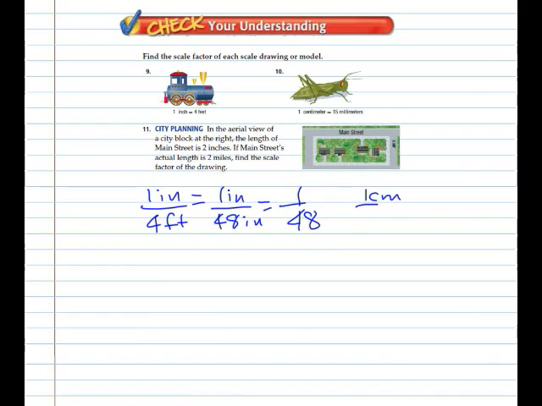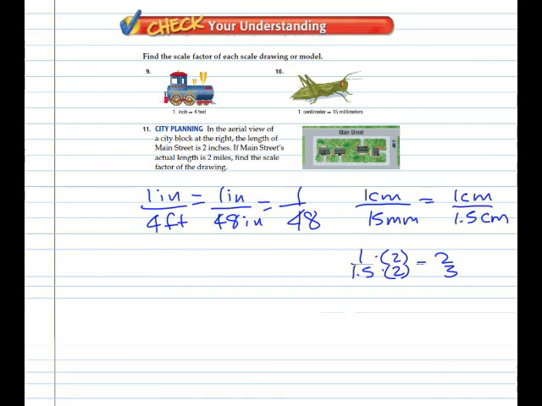We have 1 centimeter to 15 millimeters, which means 1 centimeter to 1.5 centimeters, because that's what 15 millimeters is equal to, which gives us 1 over 1.5. Now remember, we can't leave a fraction or a decimal in our numerator or denominator, so we're going to multiply both of these by 2, which gives us a scale factor of 2 to 3.